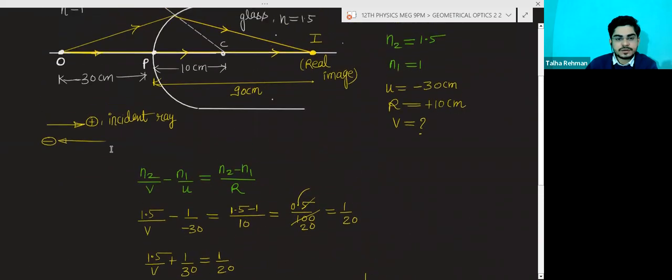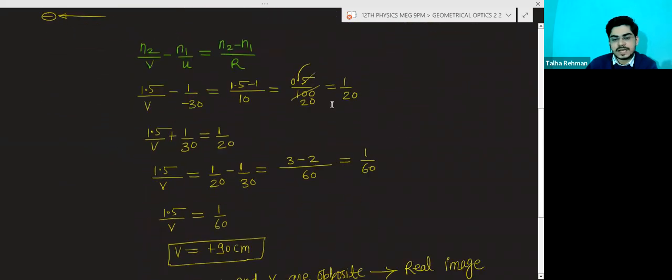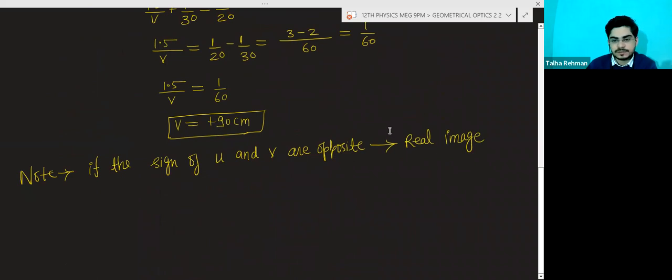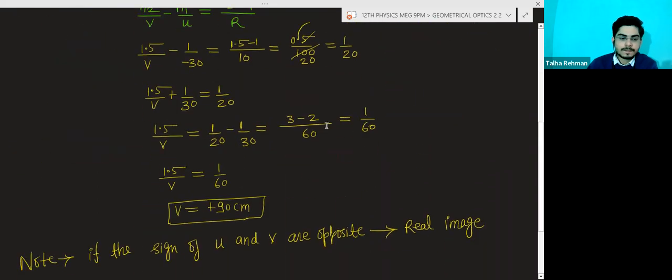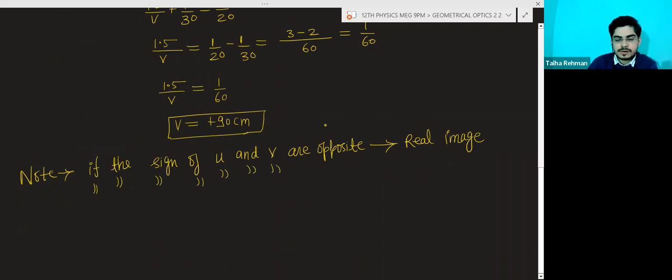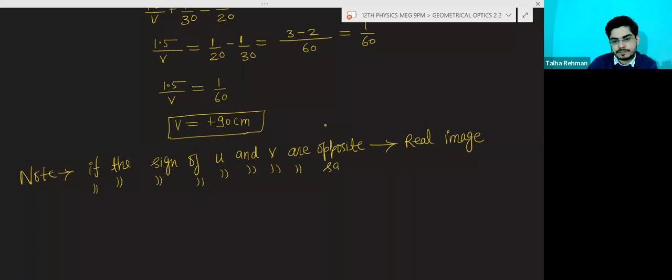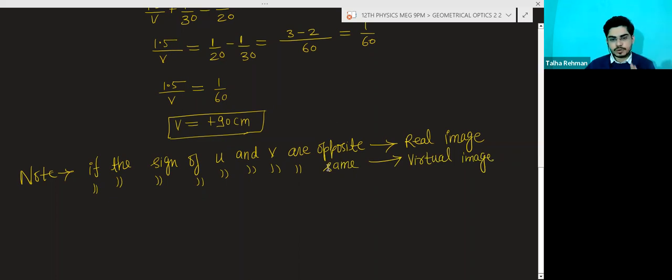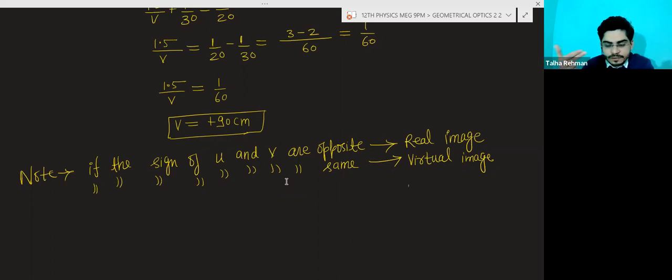You can see here the sign of U is negative and sign of V is positive, opposite sign. So we are getting a real image. If the sign of U and V are same, then you will get virtual image. Remember this point? Okay. So without drawing the ray diagram, you can just identify whether the image will be real or it will be virtual.